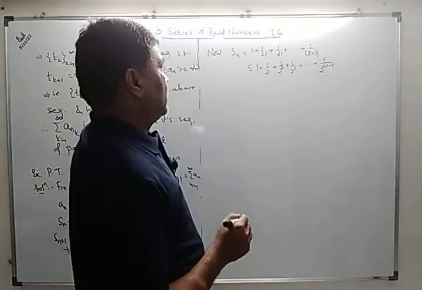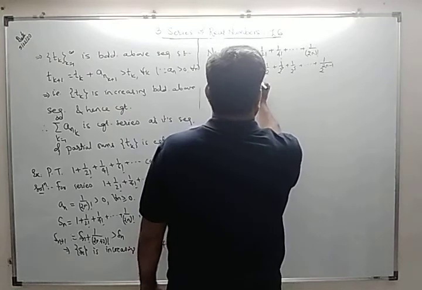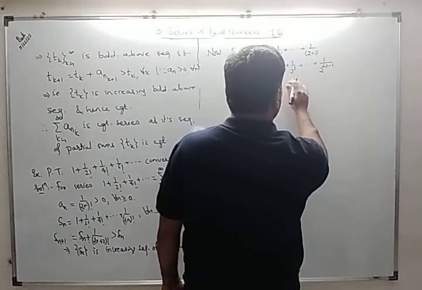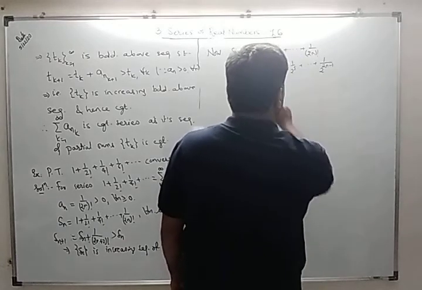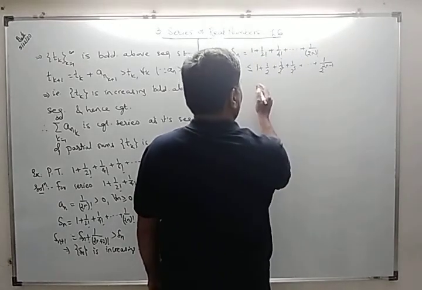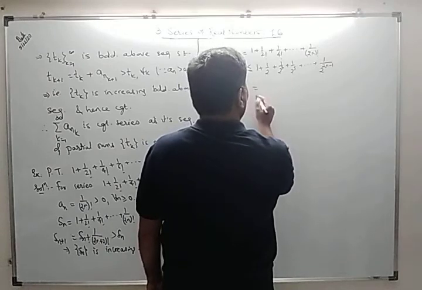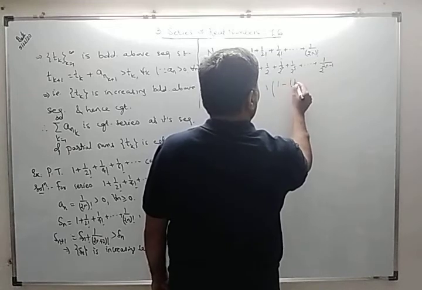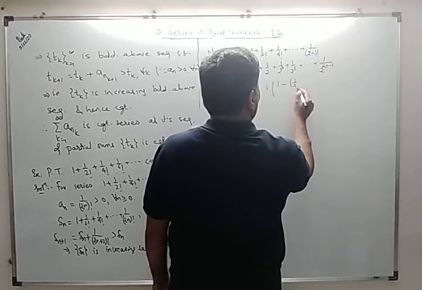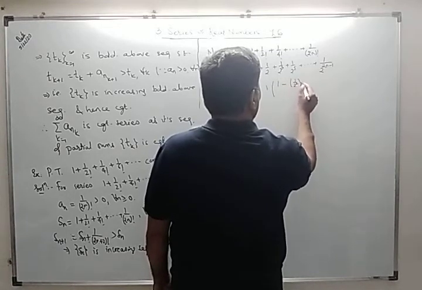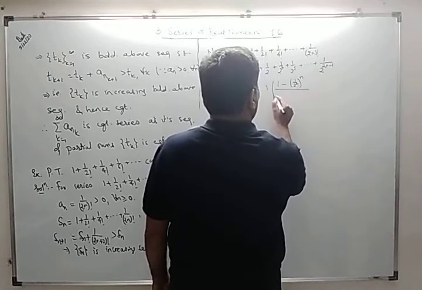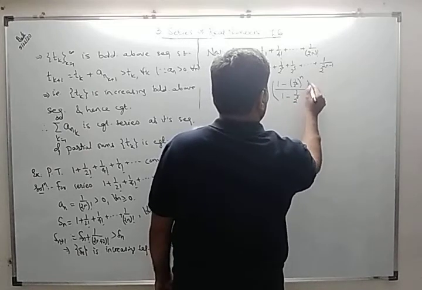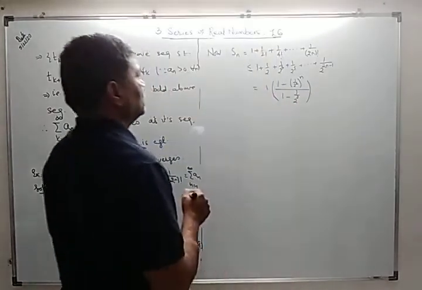Okay. And what is the sum of these n terms? So this is equal to 1 into (1 minus (1 upon 2 square) raised to n) upon 1 minus 1 upon 2 square. What is the ratio?